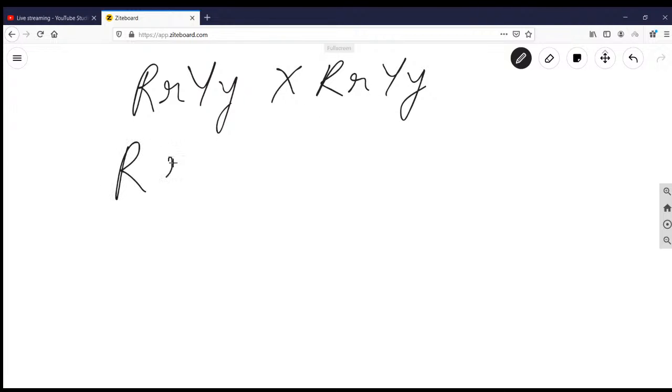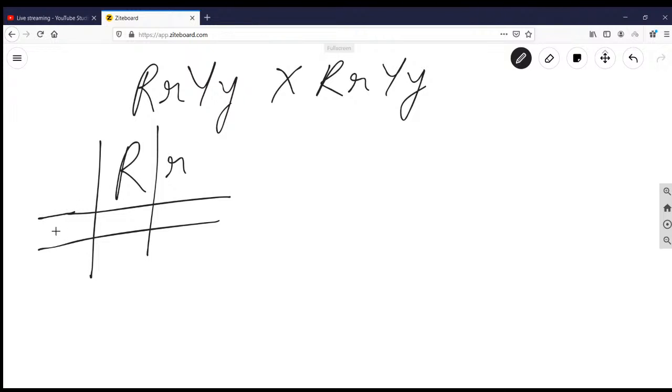I can go for this cross. Instead of going for that huge one, I can go for this one also. So I'll get this one. Okay, and then I can go with this one.